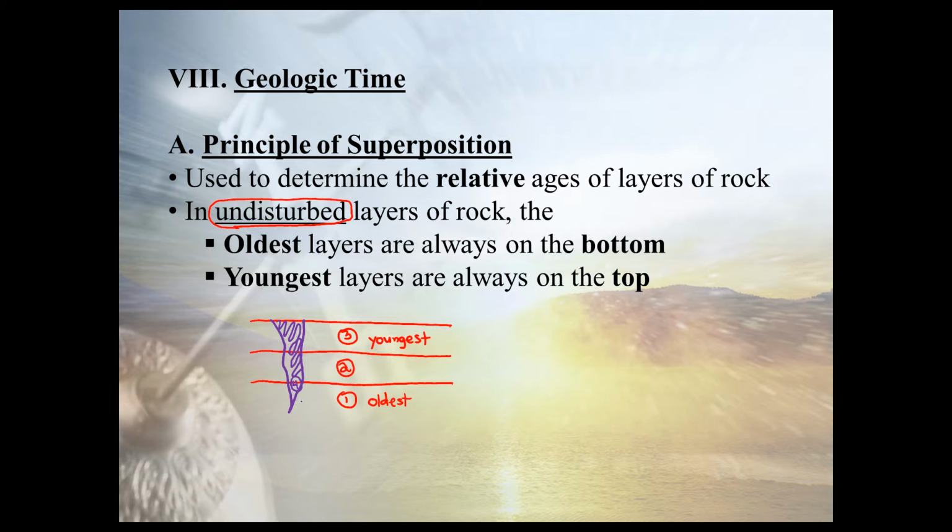So in this case, it would still be the oldest layer is the bottom layer number 1 here, and the youngest layer would actually be the rock that accumulates into this crack. So just one thing to be aware of with the principle of superposition. As long as my rock layer is undisturbed, older layers are on the bottom and the younger layers are on the top.